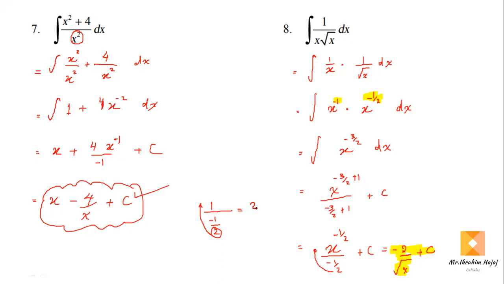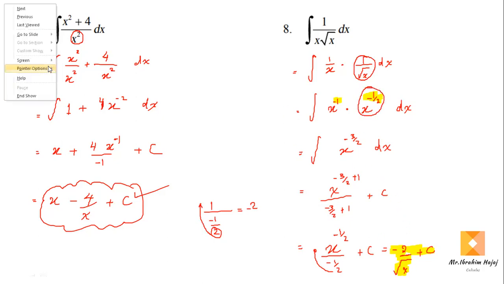So we have 2 over negative 1, or negative 2. And x power negative half means 1 over radical x, so I moved it back down to the denominator. Okay, done? It's clear now?